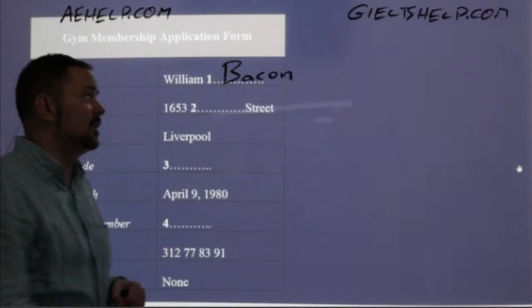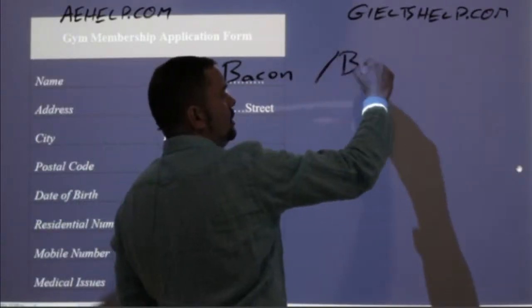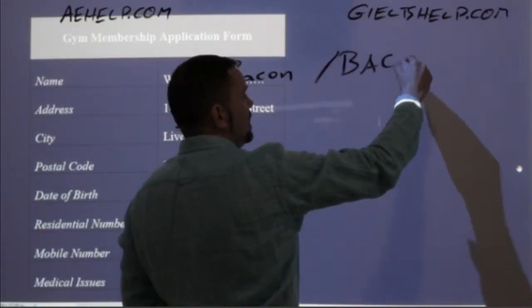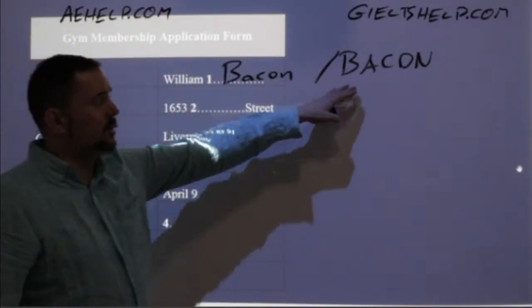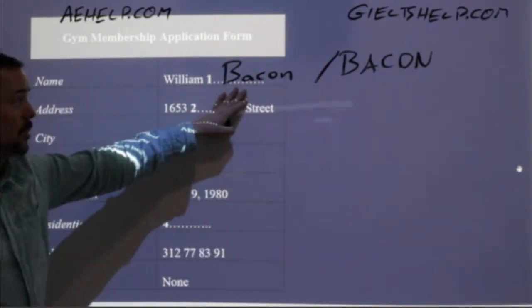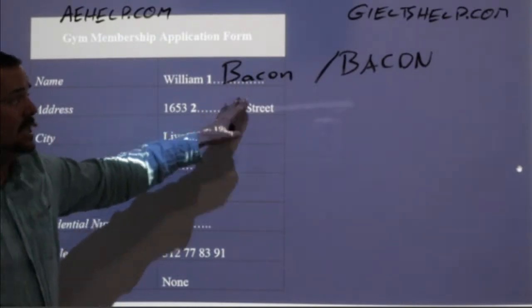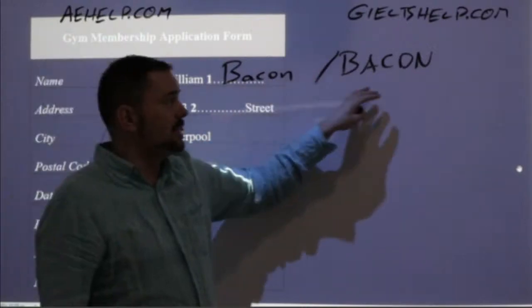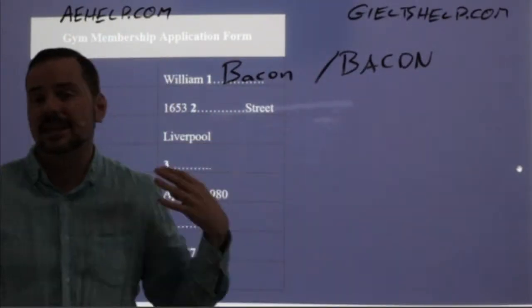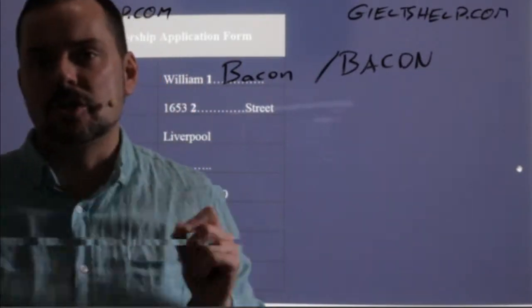You can write all capital like this. It's just slower and it's easier to make spelling mistakes. So if you're going to write all capital, I suggest writing lowercase in the paper-based exam. So for the paper-based exam, write lowercase, and then when you transfer your answer, transfer it in capital letters. Just make sure that it's correct.